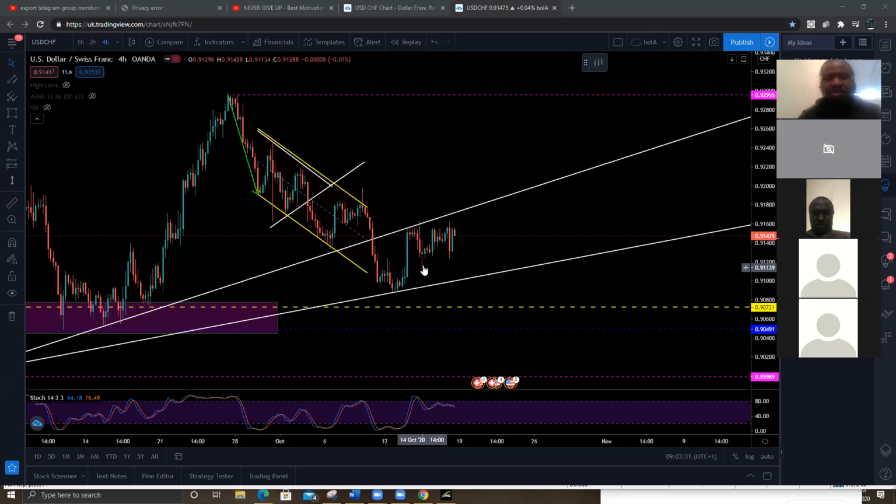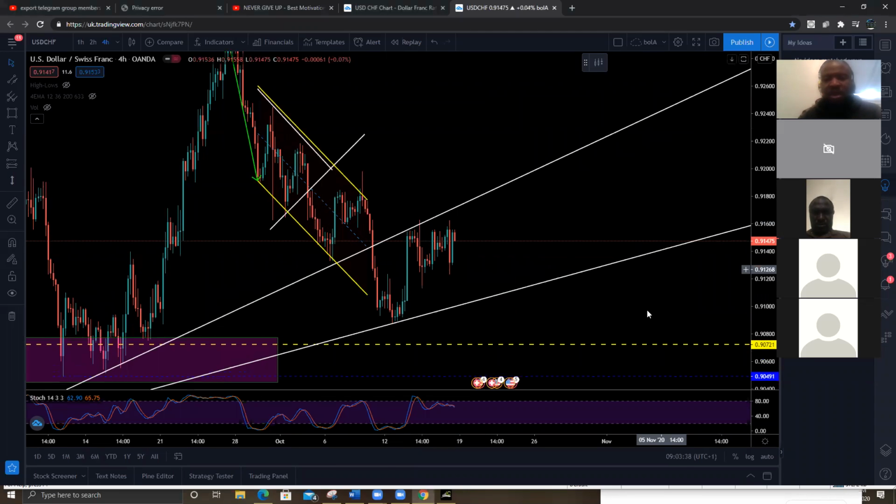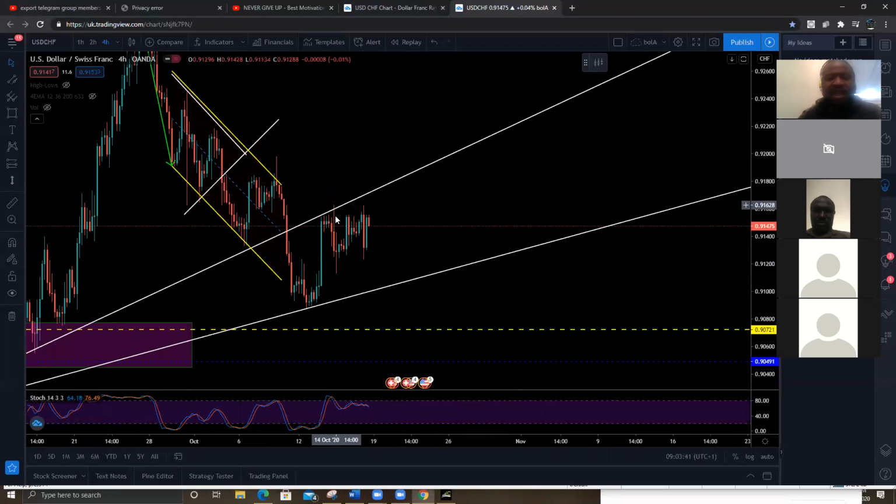Having seen this impulsive move down, we met an excess at this bottom, which is giving us this correction now. So it is equally important for us to understand that the last move which is important to us is this move. All right. So until this move got invalidated, this is still going to be looked at as a correction. So can you see the way that we break it down?